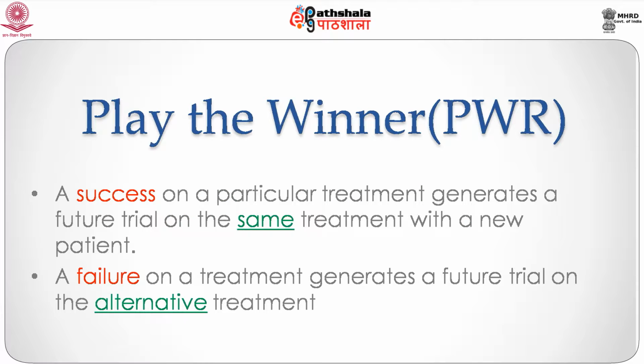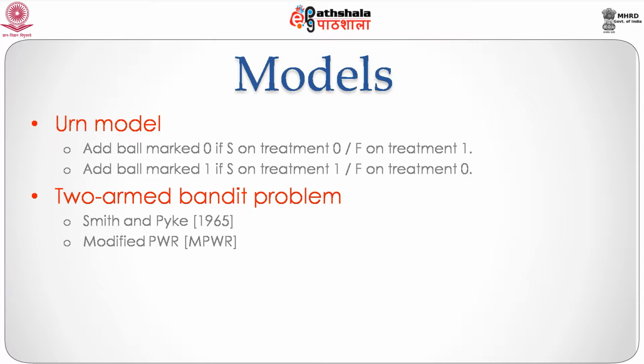Under these assumptions, this is how the play the winner rule operates. A success on a particular treatment generates a future trial on the same treatment with a new patient. A failure on a treatment generates a future trial on the alternative treatment. This can be explained by using two statistical models.